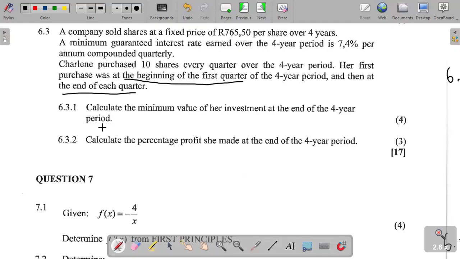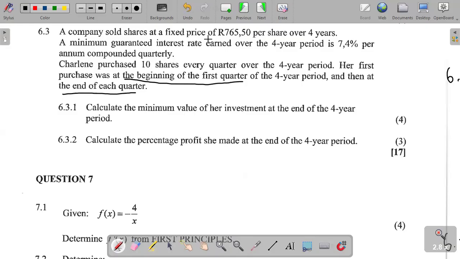So you underline what they're saying. So now they're saying she purchased 10 shares every quarter.